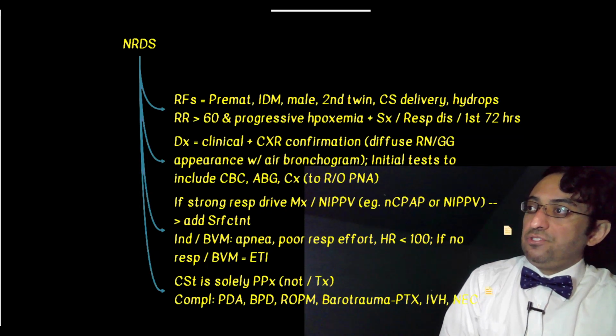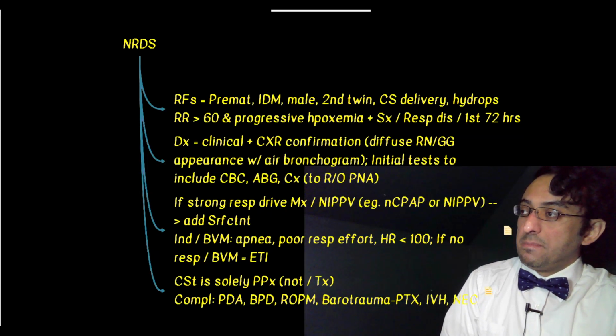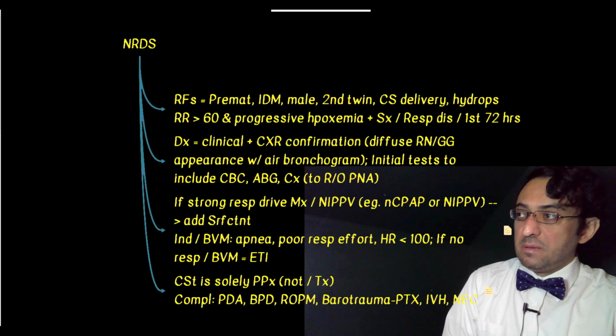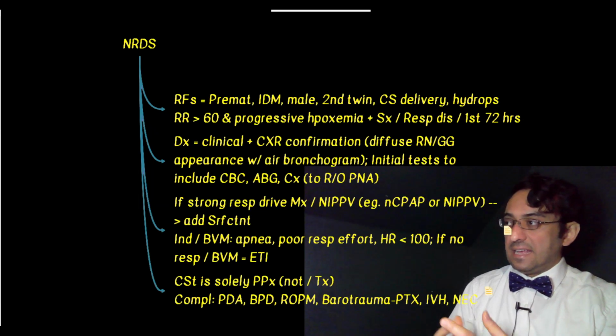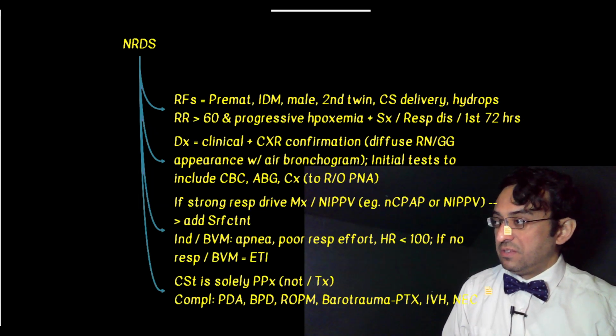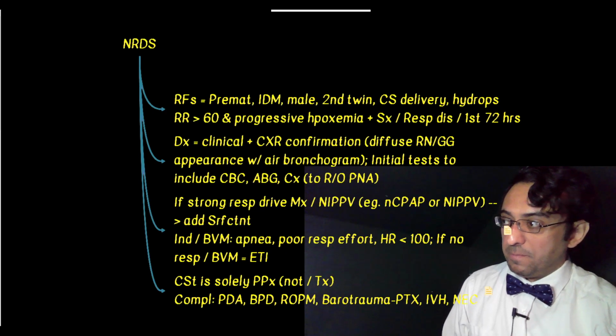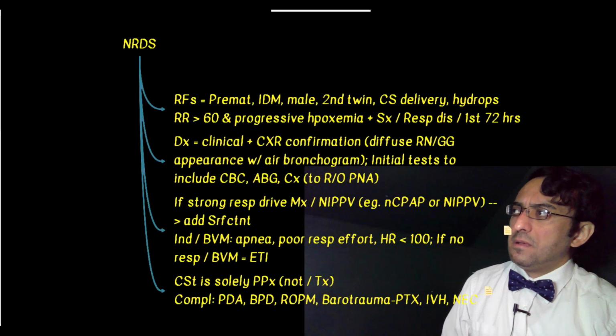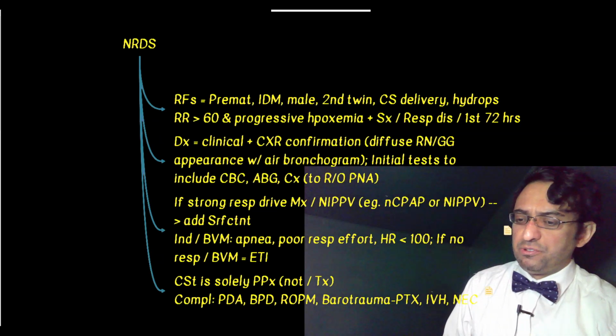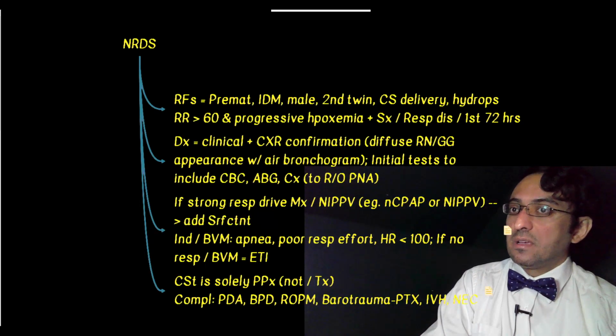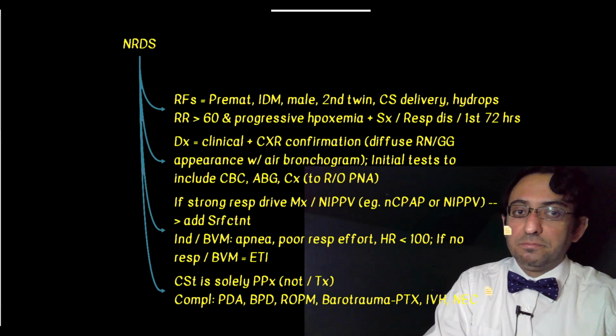Another important question, do we use corticosteroids for the management of neonatal respiratory distress syndrome? No, always remember that contrary to surfactant that we use for the management or treatment, we only use corticosteroids for prophylactic purposes.